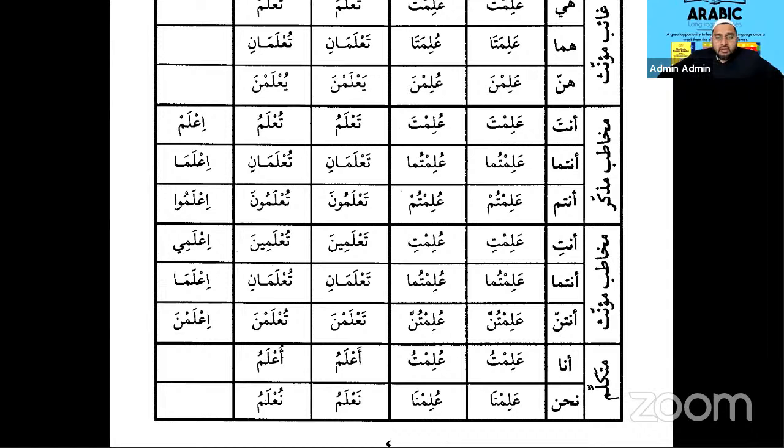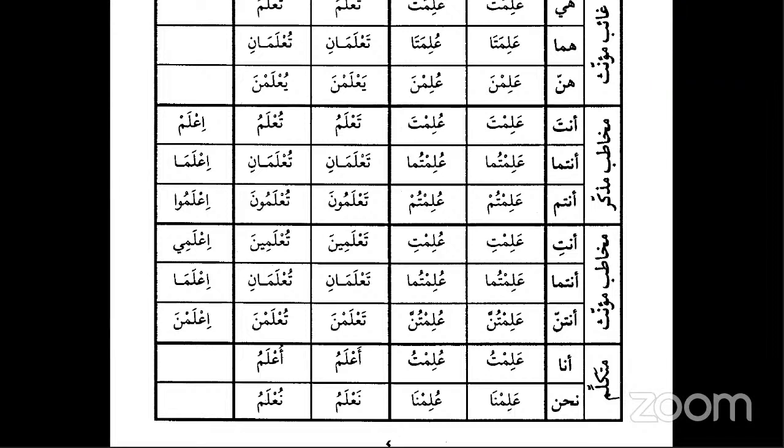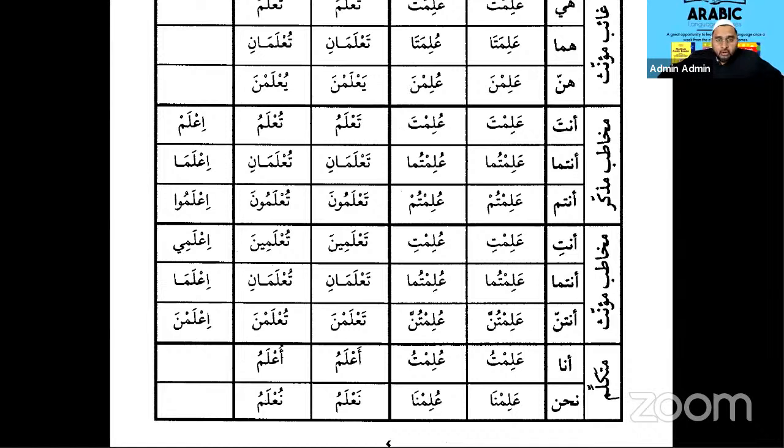Okay. Can you explain now? Compare both of them together. Compare ta'lamu to i'lam. Explain as you go along what's been removed. Do you want me to do the translation as well? Yeah. Ta'lamu means you are knowing. I'lam means know, you know. Order. Right.